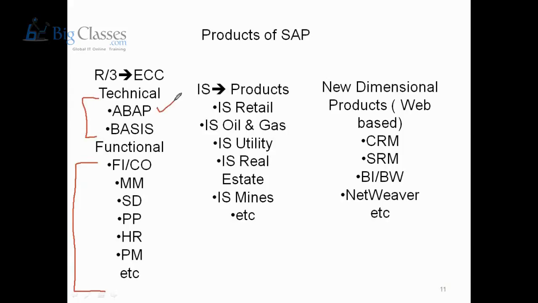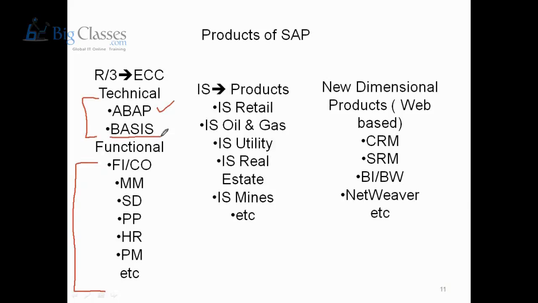ABAP is the programming language of SAP, Advanced Business Application Programming. Any software is based on some language. And the Basis person is the system administrator. Those persons having networking knowledge will go for Basis. Purely, these are the technical people.